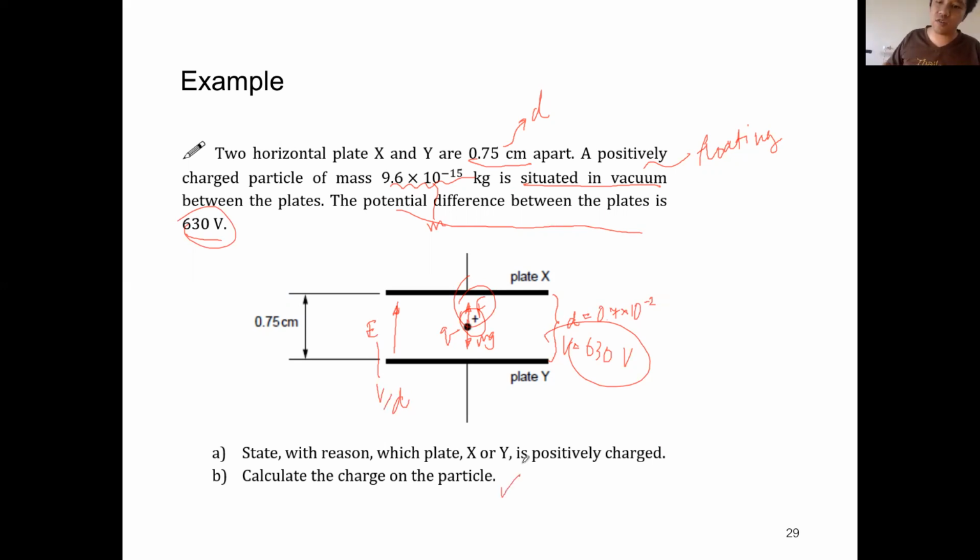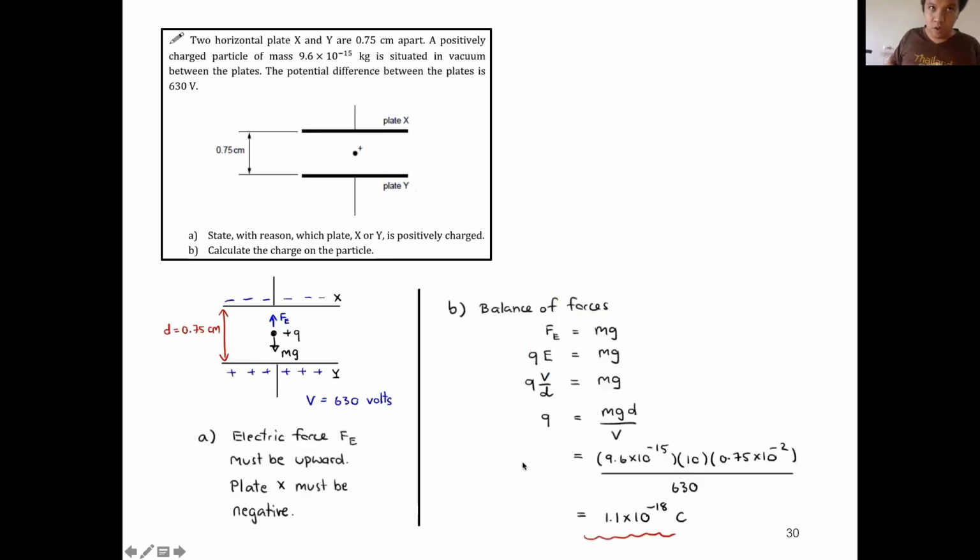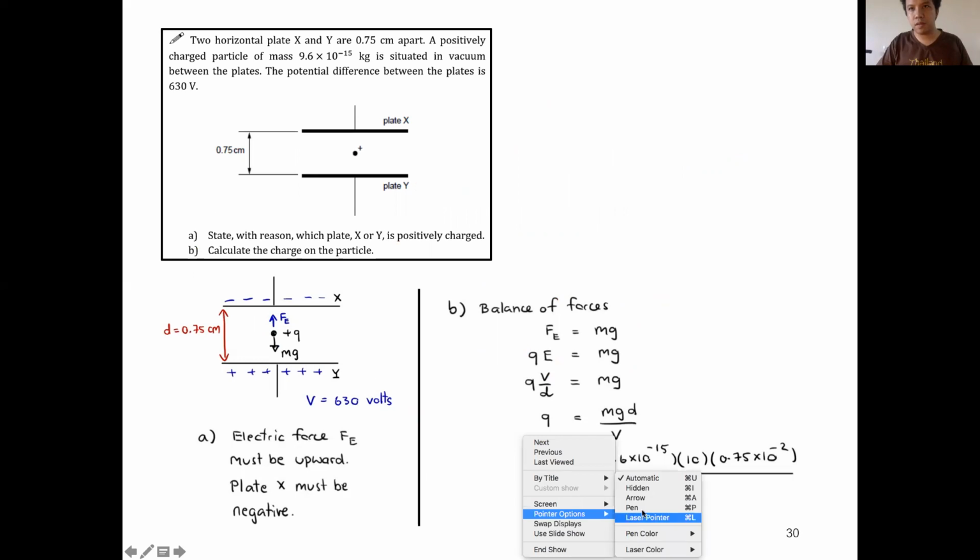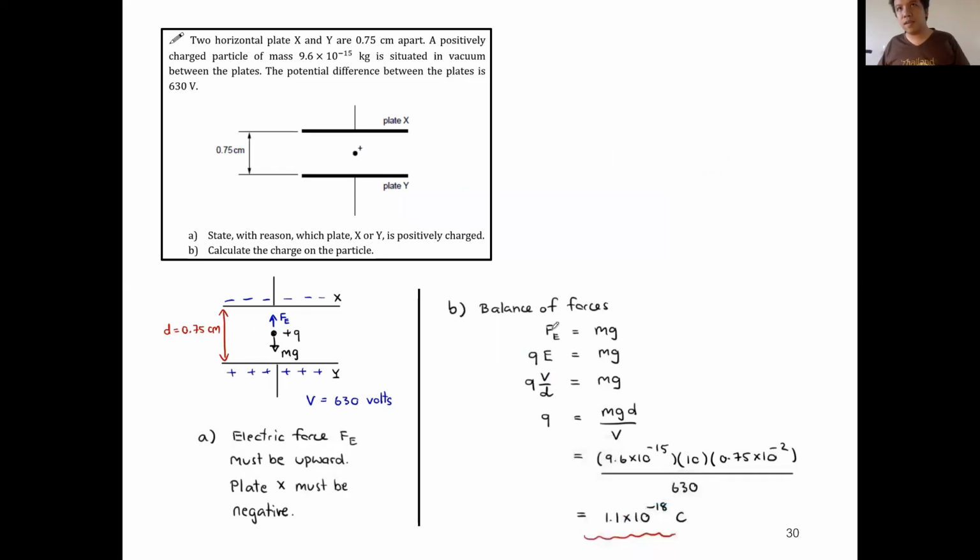And to calculate the charge on the particle, what we do is we firstly consider the equilibrium, mg and F. Okay, so F is equal to QE because we have the charge Q and we have the electric field E.